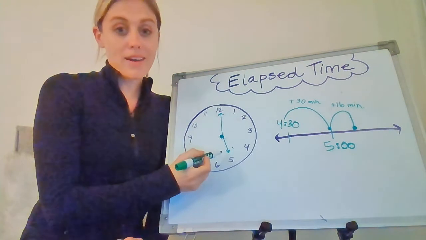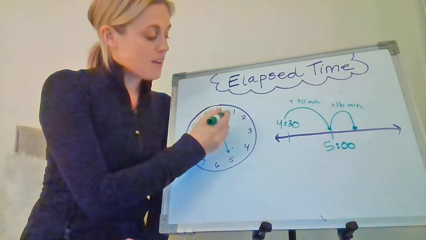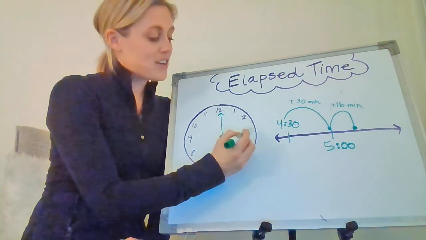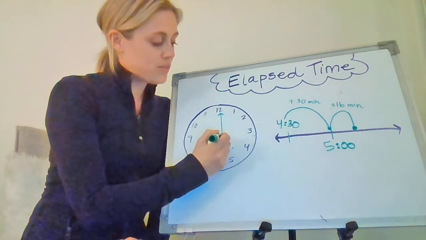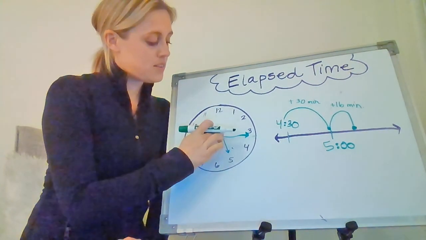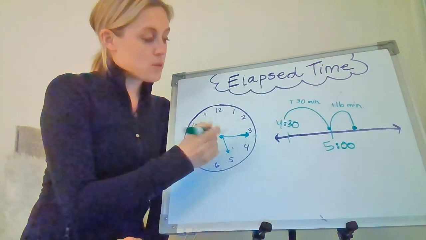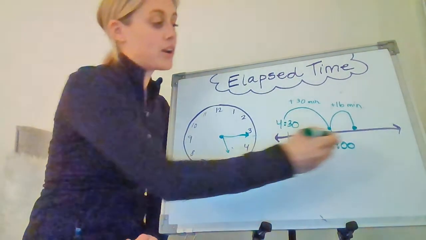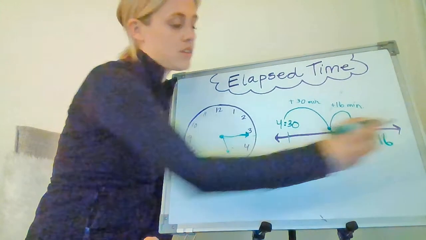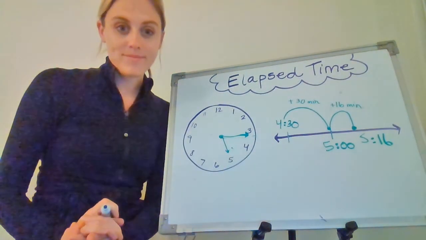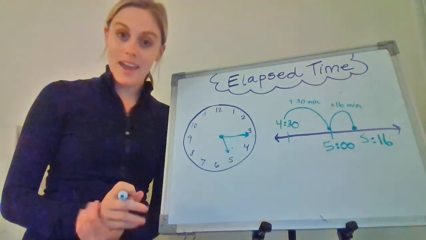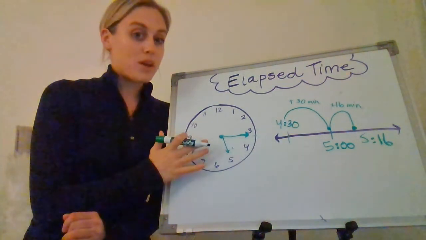And then on my clock, I'm going to add 16: 5, 10, 15, and I just need to go one more tick over to 16. So by the time you are ready for dinner, it is now 5:16.